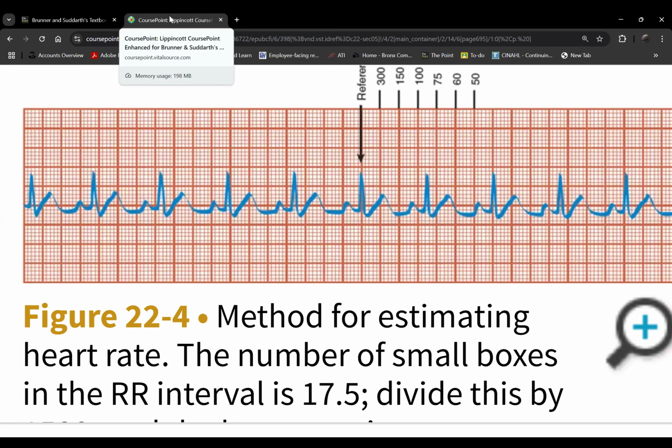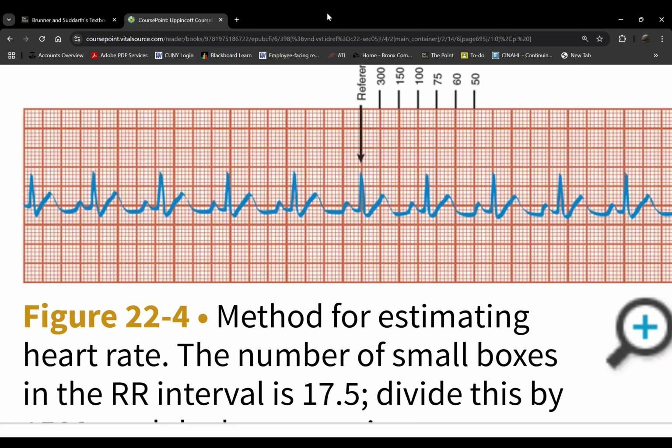All right. So how many small boxes in 1 minute again? You gave me the answer earlier. 1,500.